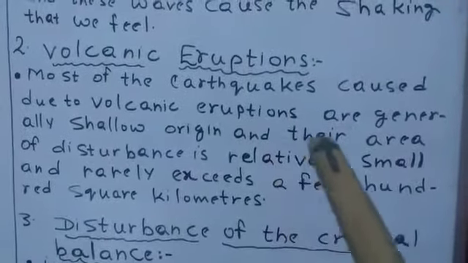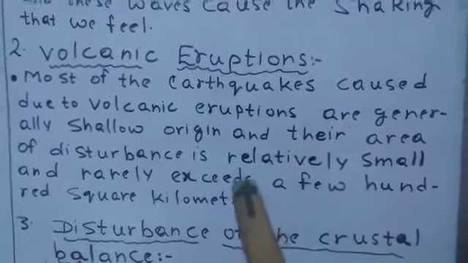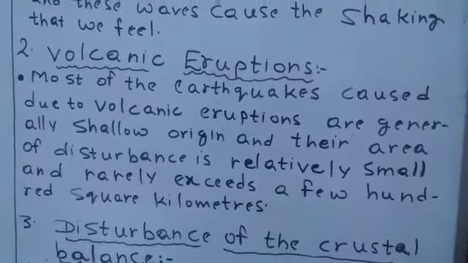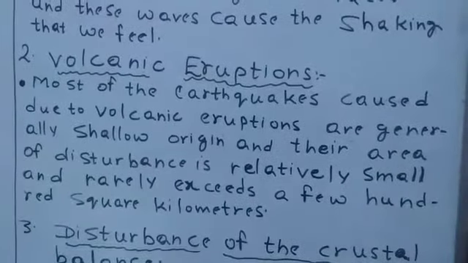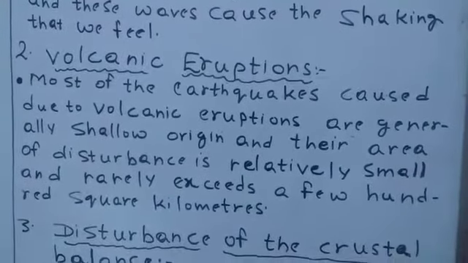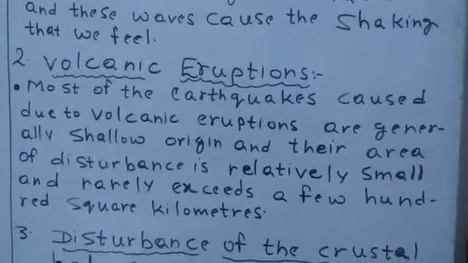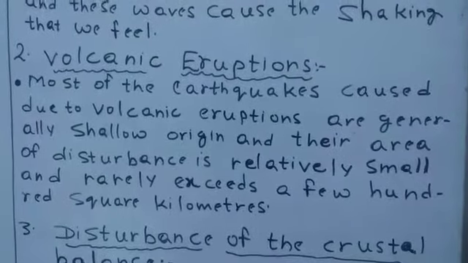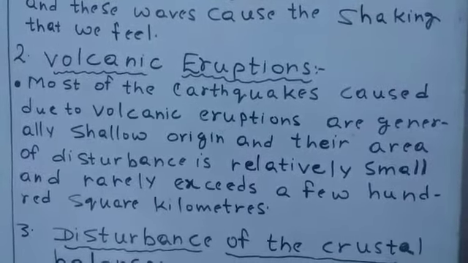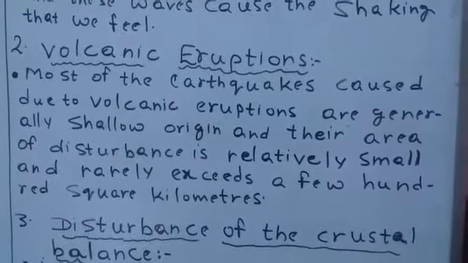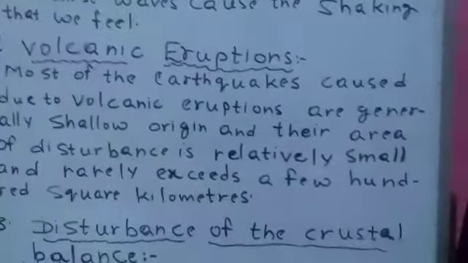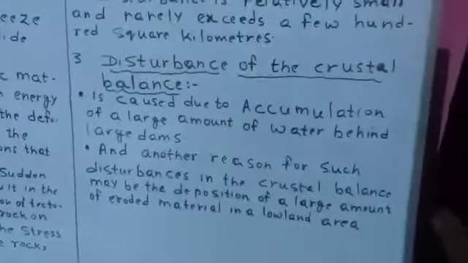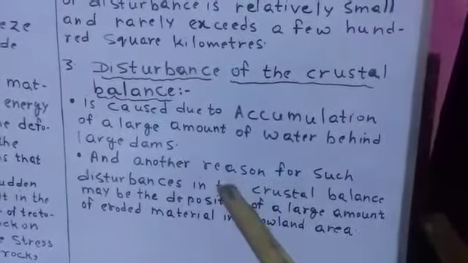Shallow in origin means that their origin point is not very deep, and because the energy released through this activity is not large, it covers only a very small area, a few hundred square kilometers. Now the third cause of earthquakes is disturbance of the crustal balance.